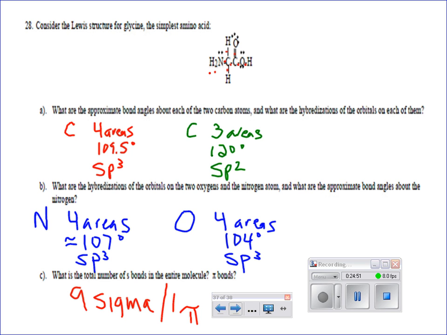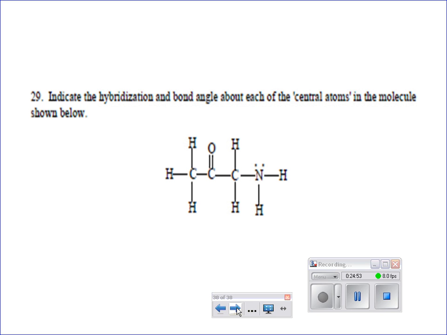All right, last problem. We're going to take each of these atoms and we're going to do hybridization and bond angle. So carbon, first carbon, hybridization, Sp3, bond angle, 109.5. Next carbon, Sp2, bond angle, 120.